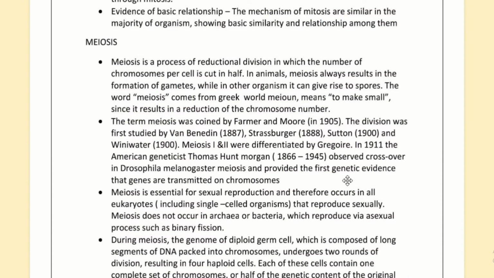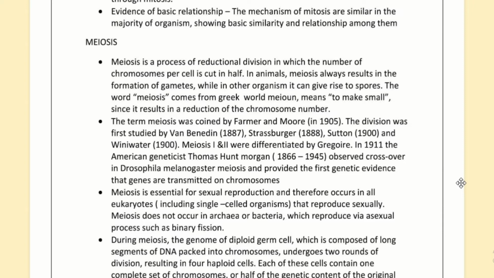Next we have meiosis. Meiosis is the process of reductional division in which the number of chromosomes per cell is cut in half. In animals, meiosis always results in formation of gametes, while in other organisms it can give rise to spores.